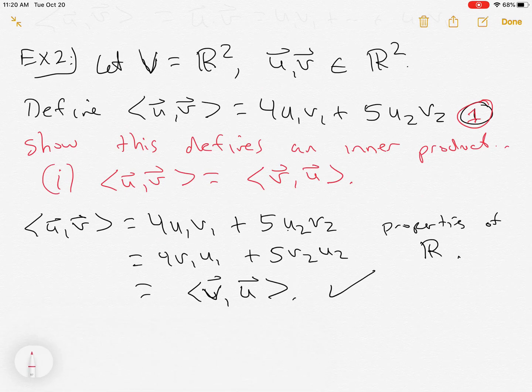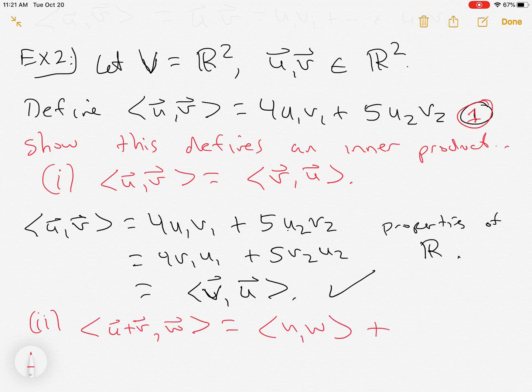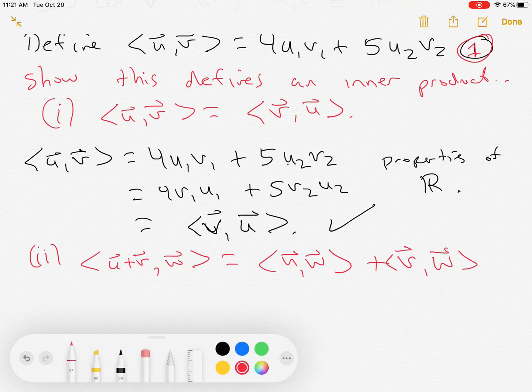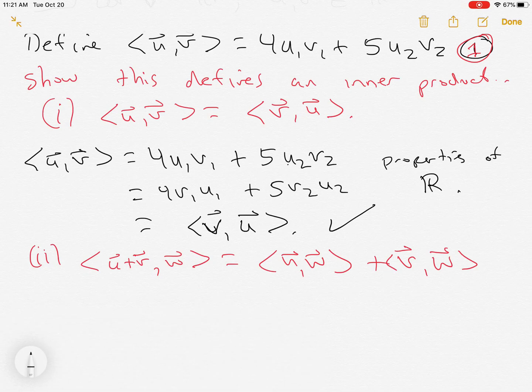Okay, 2. This is the hard one. You want to show that the inner product of u plus v with w is the inner product of u and w plus the inner product of v and w. Okay, we can do that.